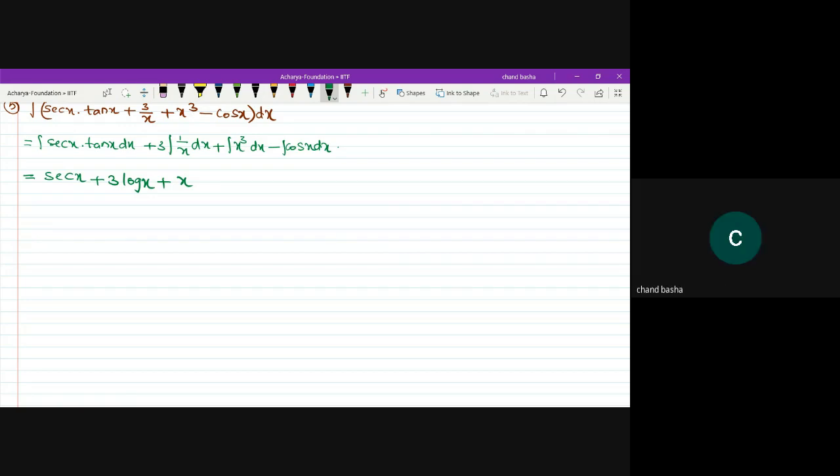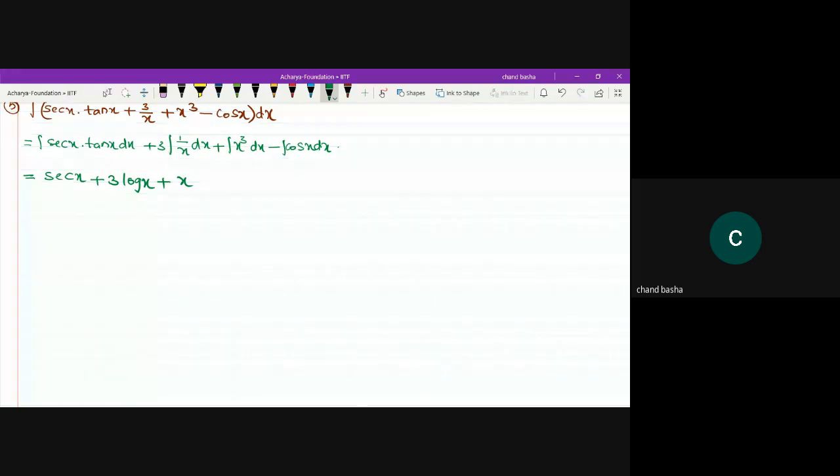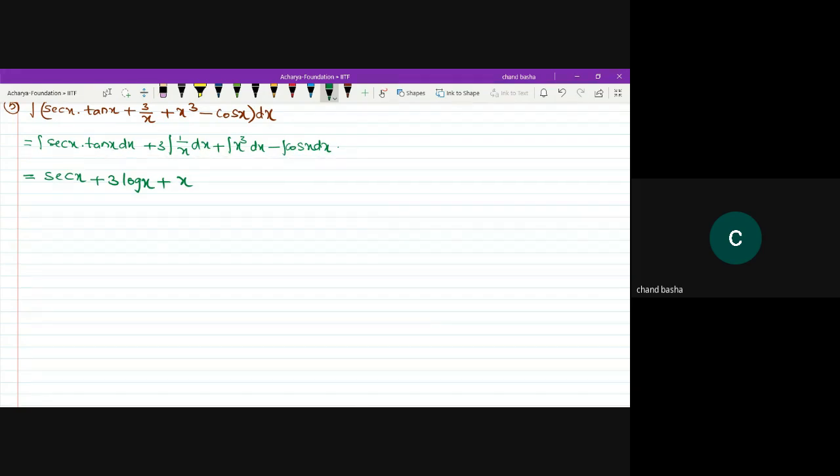As I'm repeating again, integration increasing, differentiation decreasing. So x power 3 plus 1 divided by 3 plus 1 minus cos integration is just a sin. Your answer is just plus C is the required answer.